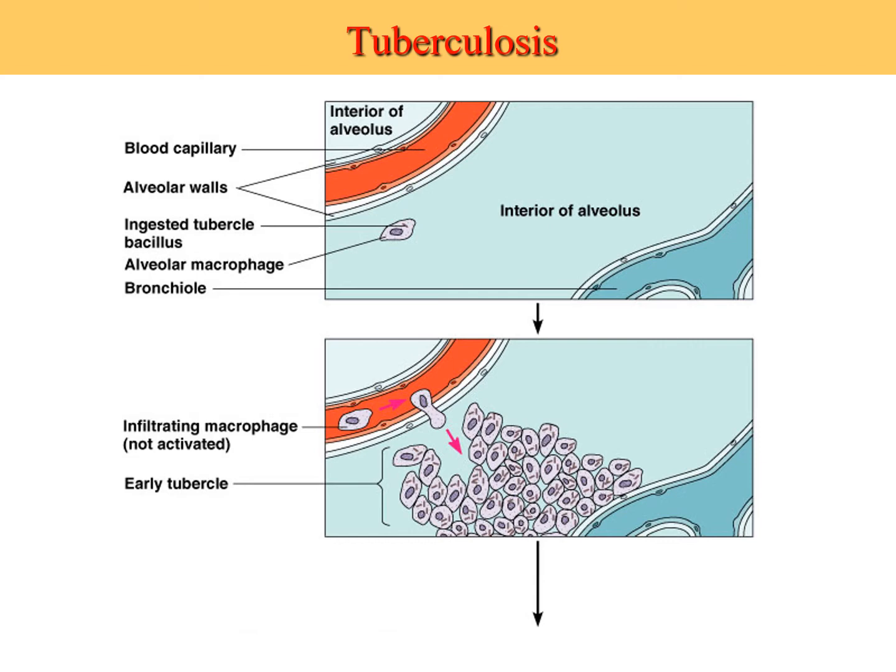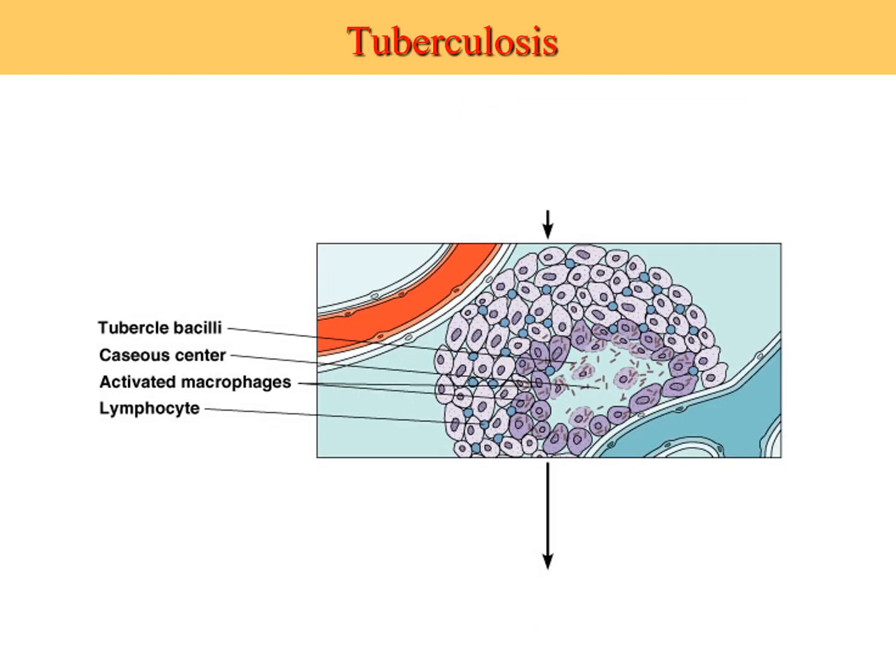And they also get infected, and this accumulated mass of infected macrophages is called an early tubercle. It develops further into a solidified area of macrophages, sometimes even with calcium deposits, and the bacteria are walled off inside this structure.